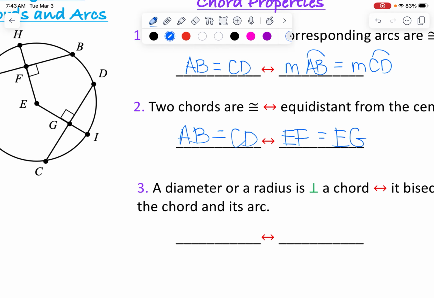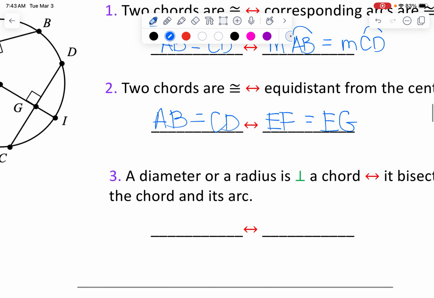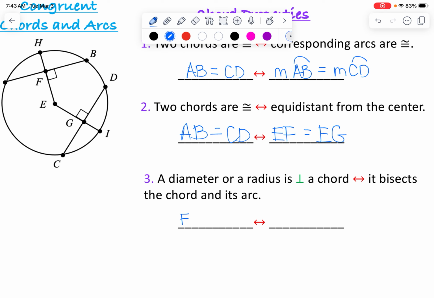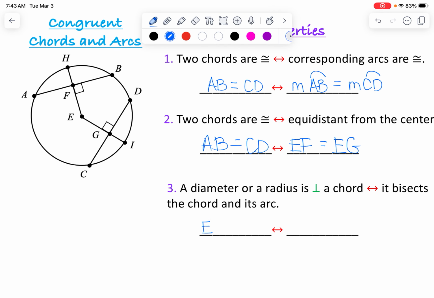So let's say EH, maybe we'll do the one up top, EH, is perpendicular to segment AB, if and only if AF, that segment, is congruent to that segment.